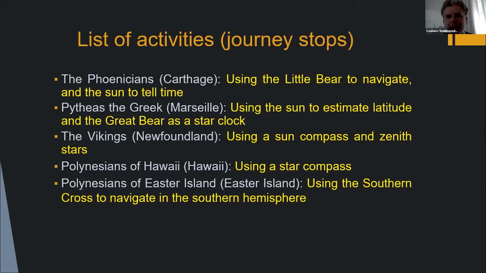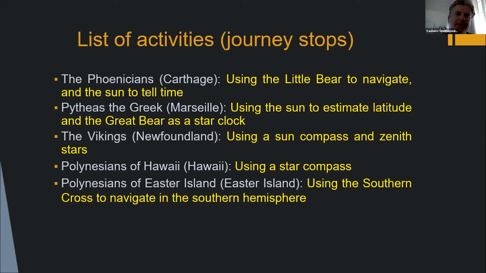Now, the little bear at that time had different names. One of the names used by the ancient Greeks, in fact, was Phoeniki, which obviously comes from the Phoenicians, and it tells us that it was really well known that they used this constellation to navigate.